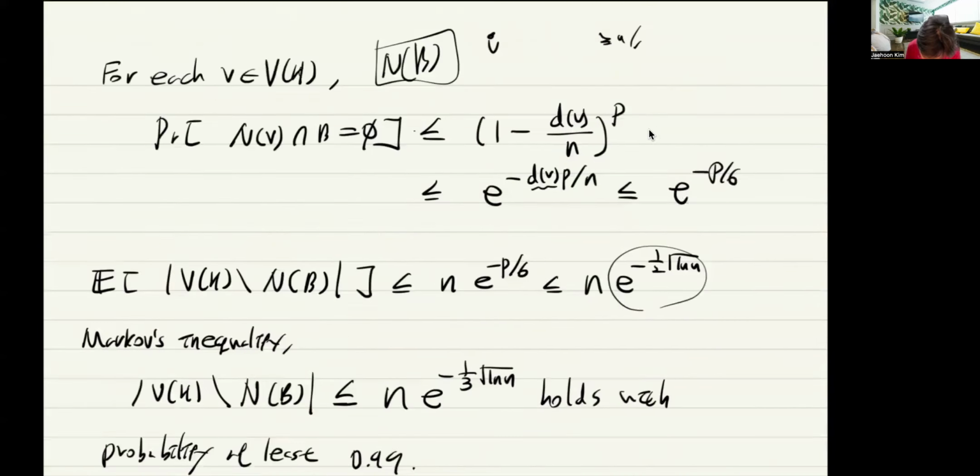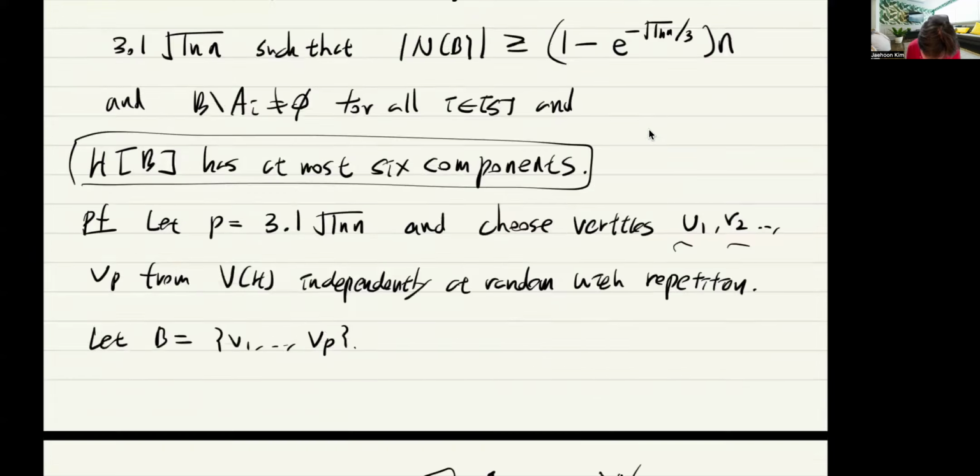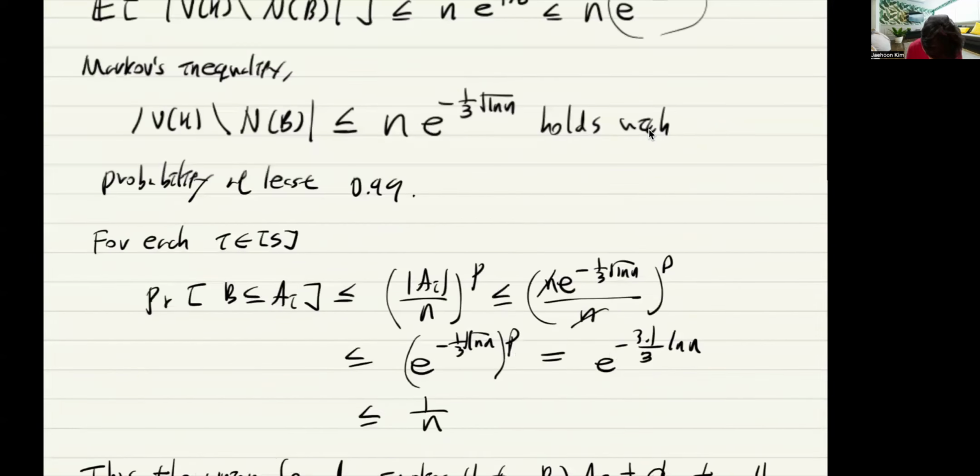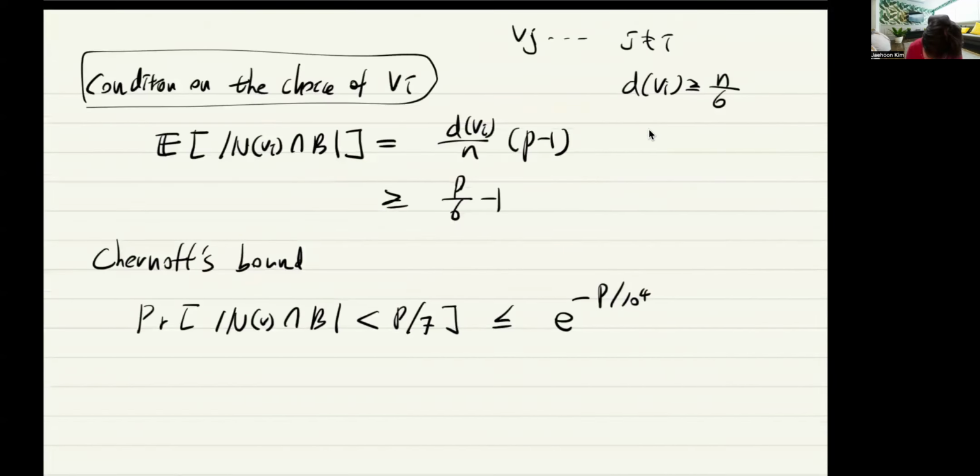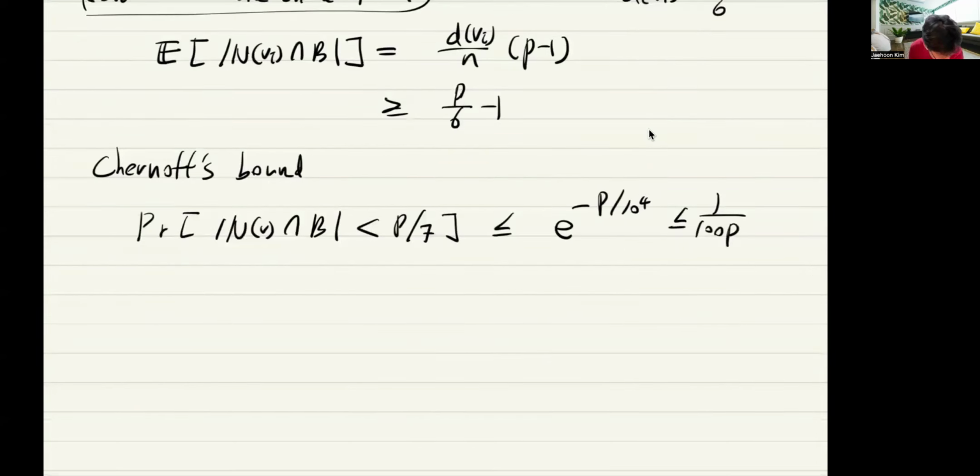And hence, assuming n is large, and P was this, you can actually show that this is at most 1 over 100P. And again, the union bound.